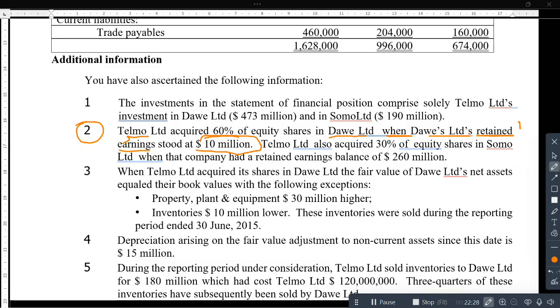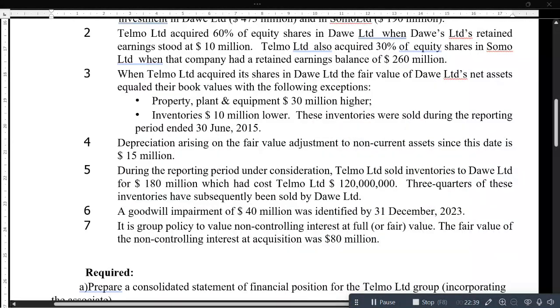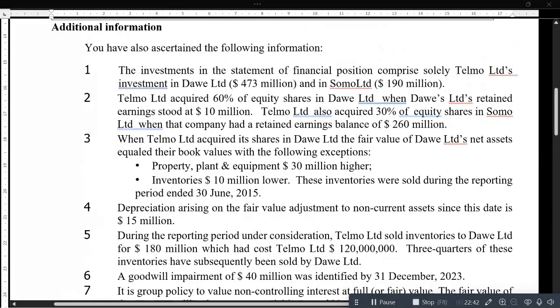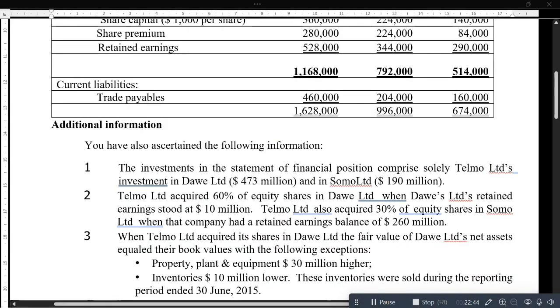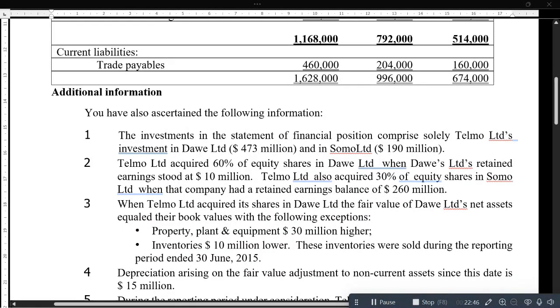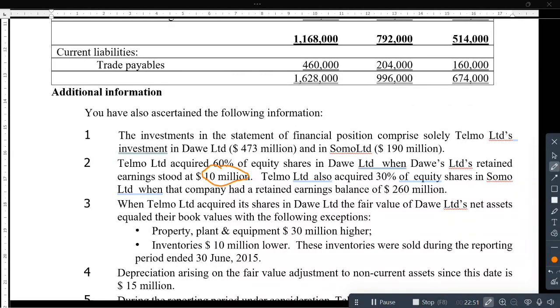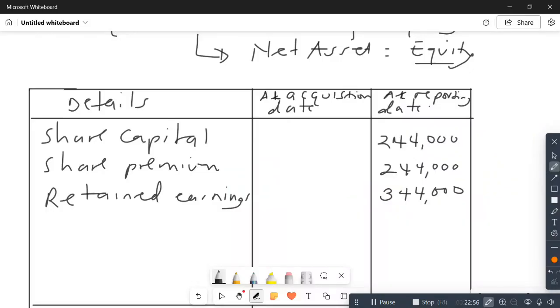When you go through this question, I'm not seeing any information regarding the share capital and share premium as at acquisition, meaning we shall assume the one which is at reporting is the same information which was there at acquisition date. However, for retained earning, we have seen here it was 10 million. We take that to our table. So the retained earning at acquisition was 10 million.